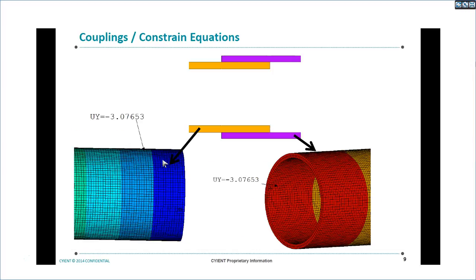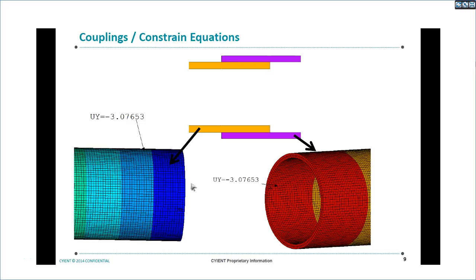Let us look into the deflection results at one of the locations. At this node, if you see the arrows, this arrow and this arrow are both the same. The nodes are at the same location but on different components. If you see the displacement values along the y direction, both are the same. What does it mean?